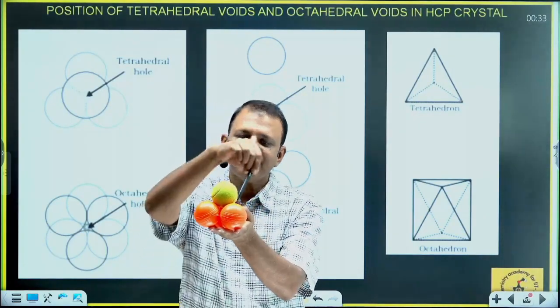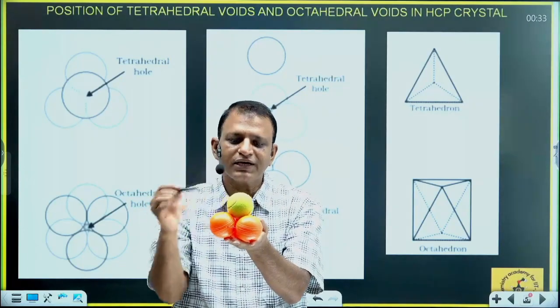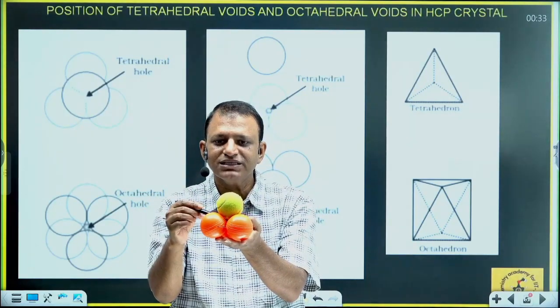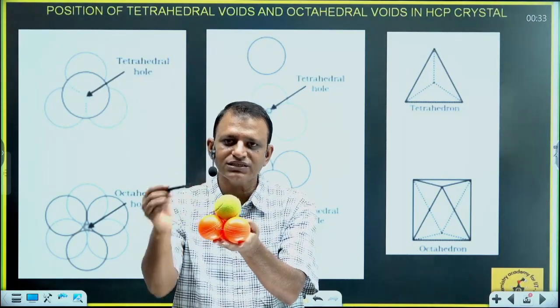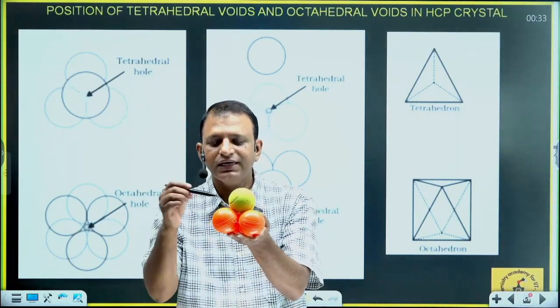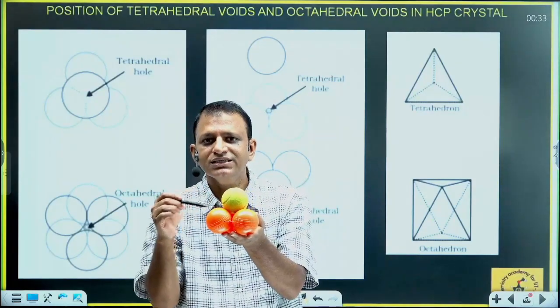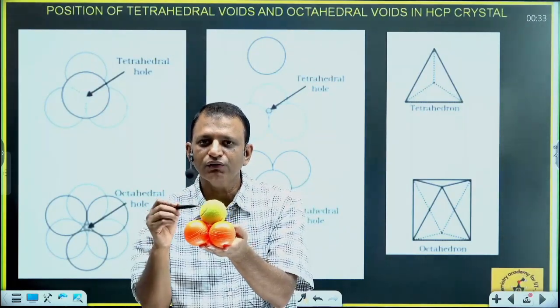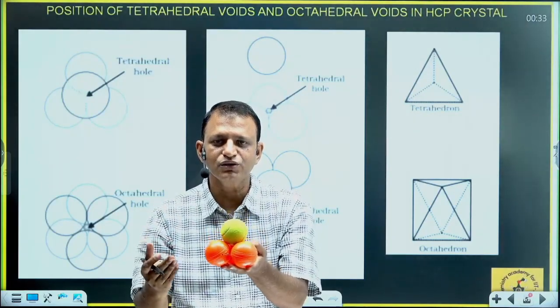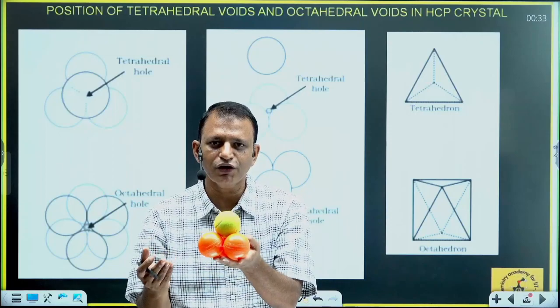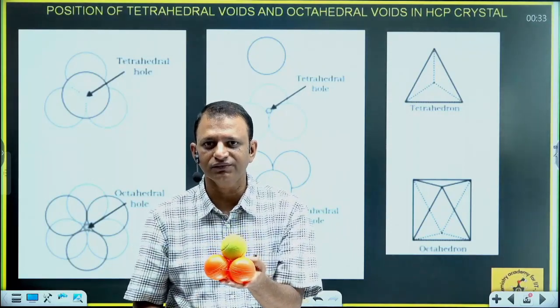So this gap is surrounded by 4 atoms, and this vacant space is equidistant from these 4 atoms, and on joining these 4 atoms there is a formation of a tetrahedron. That's why this void is known as a tetrahedral void. A tetrahedral void is a vacant space which is equidistant from 4 atoms. On joining those 4 atoms there is a formation of a regular tetrahedron.